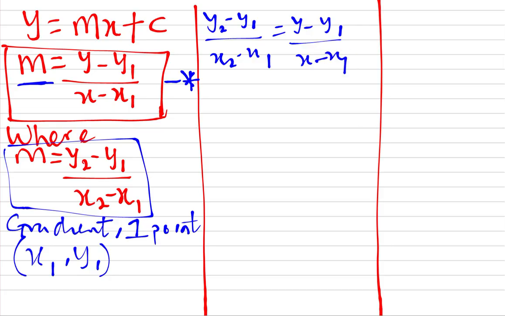Are you seeing that now? This is what you are going to use when you are given 2 points, or you find your gradient separately and you put it into your question.